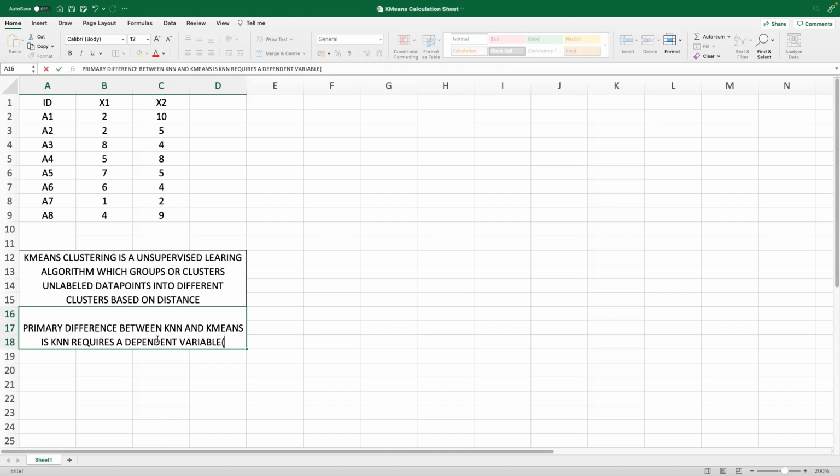Why? Whereas K-means works on both labeled and unlabeled data, on both data with a dependent variable and data without a dependent variable.